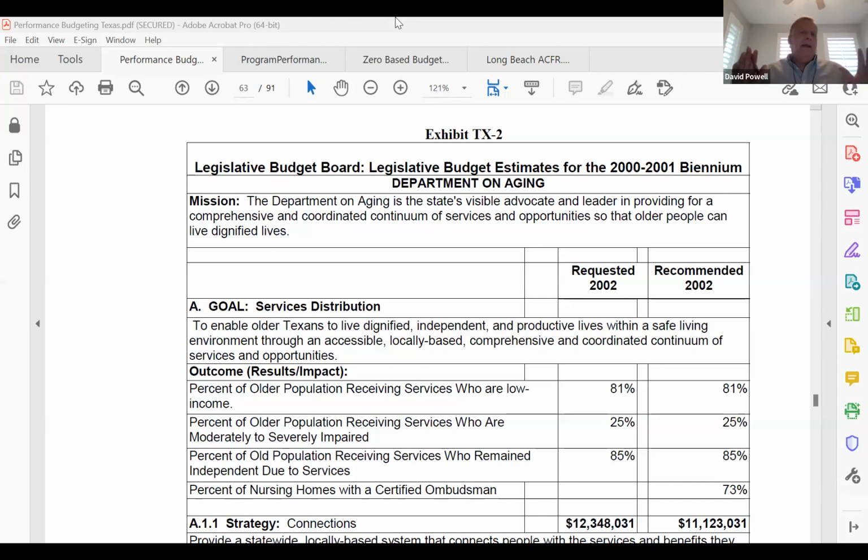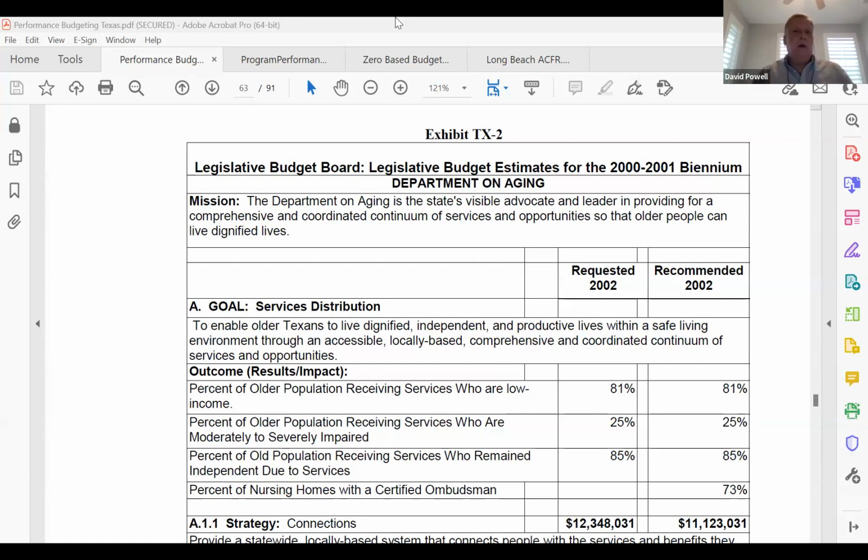Now, again, for a local government, and most of us are interested in local governments, most of us work in local governments, at the local government level, especially here in Southern California, most likely you're going to be seeing a line item budget. Sometimes you may see some performance indicators built into that budget that will qualify it as a performance-based budget, but line item and performance-based are the two types of budgets you are much more likely to see here in Southern California at the local level.